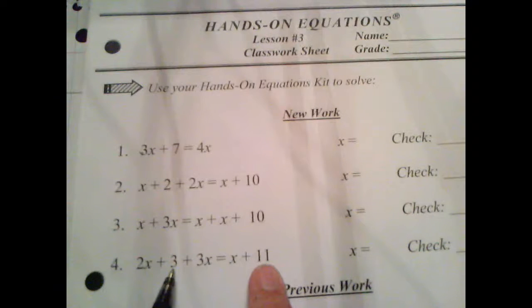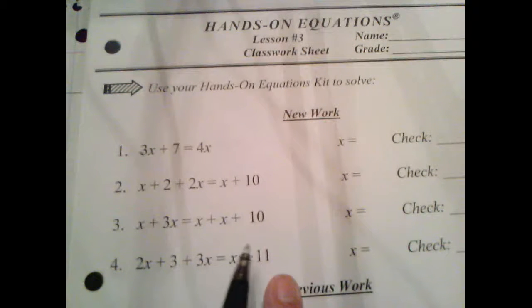When I set the problem up, since I don't have an 11 number block, it would be a good idea to use two numbers that add up to 11. And since I have a 3 over here, it would be a good idea to use a 3 plus whatever the number is that equals 11, and that happens to be 8.